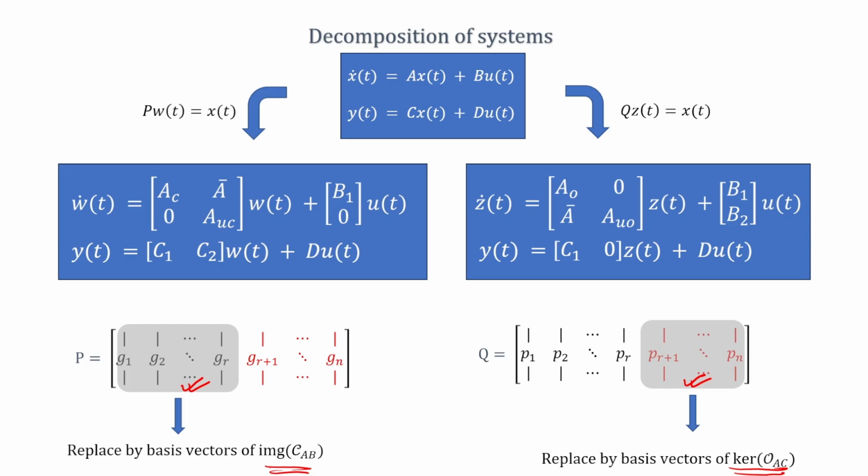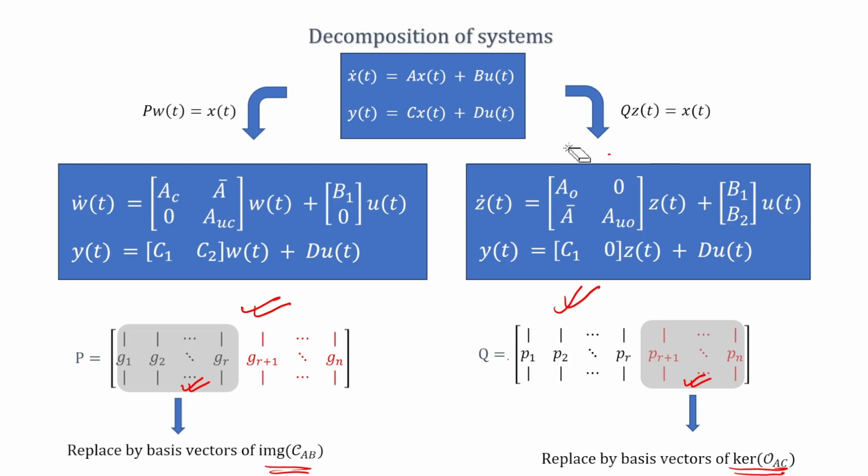And these two transformations give us, this one the controllability canonical form, and this one the observability canonical form. And from here I can read off the controllable eigenvalues, uncontrollable eigenvalues. From here I can read off the observable eigenvalues, unobservable eigenvalues.